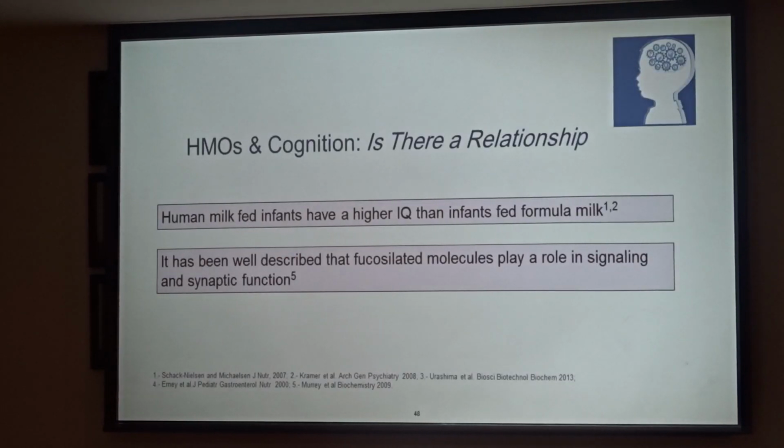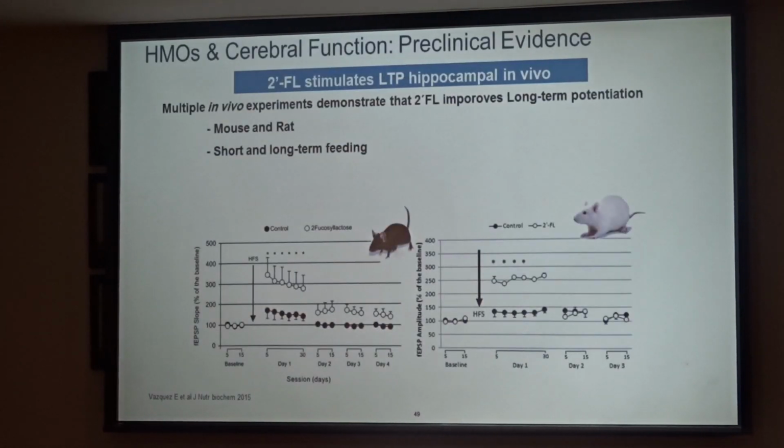Now, regarding cognition, most studies show that the IQ of breastfed infants is higher than that of non-breastfed infants. They did a test of fortifying the milk for rats and mice. Those taking 2-fucosyllactose had higher excitatory postsynaptic potential in the rats and mice than those not taking 2-fucosyllactose.